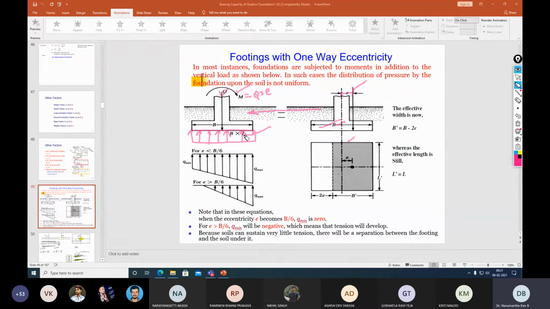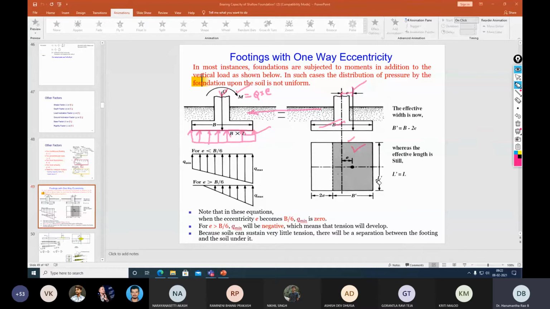So what is the area which contributes to the soil bearing pressure? It has been shown in this diagram with the gray hatched area.